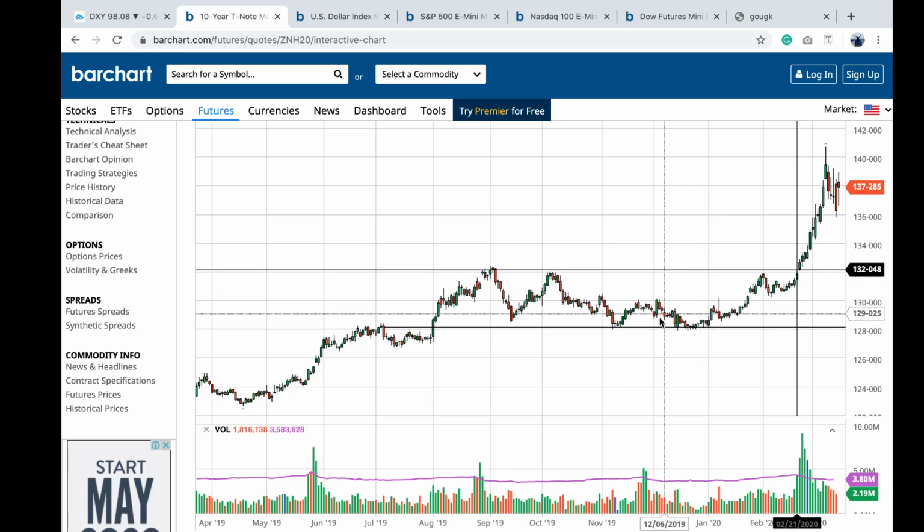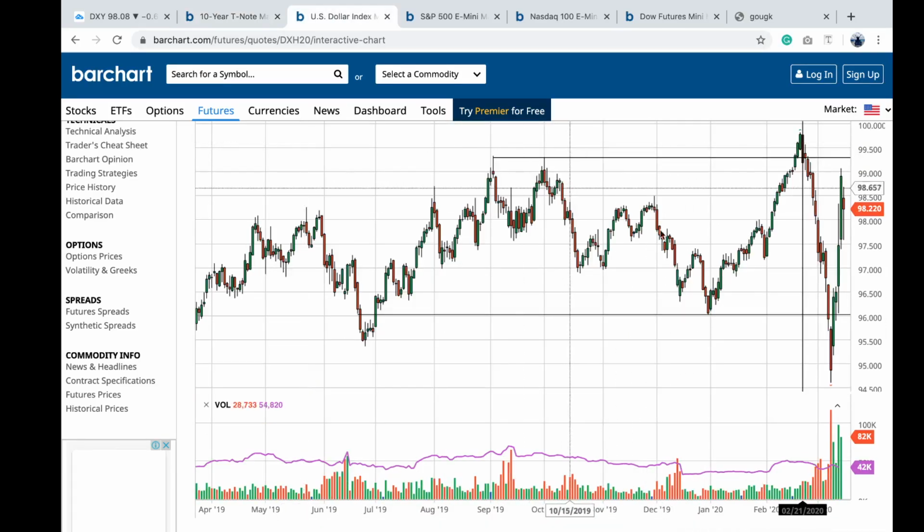So now, looking at the 10-year treasury notes, we can see that it was at the top of this trading range. If you look at this upper horizontal line and the lower horizontal line, that is also the reason why I was looking for higher prices on treasury notes and also higher prices on the dollar from around this level, because I called bullish dollar January 1st, 2020. And look at the way the dollar rallied.